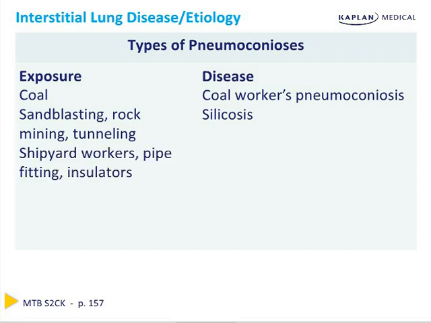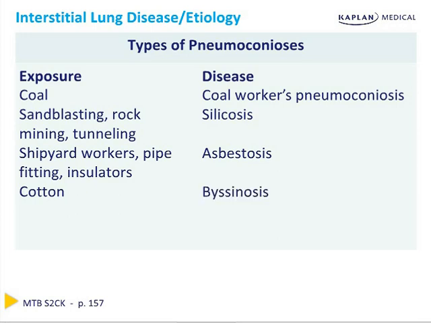Shipyard workers, pipe fitters, and insulators are often exposed to asbestos and can develop a pneumoconiosis called asbestosis. Importantly, this is a different disease process than mesothelioma, which can also be caused by asbestos exposure. Asbestosis simply refers to deposition of asbestos in the lungs, causing an interstitial lung disease.